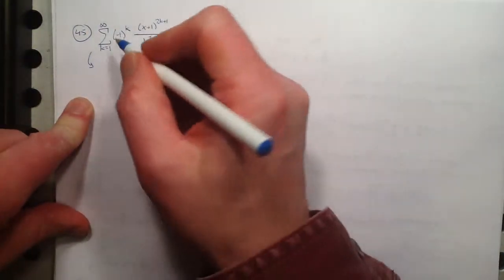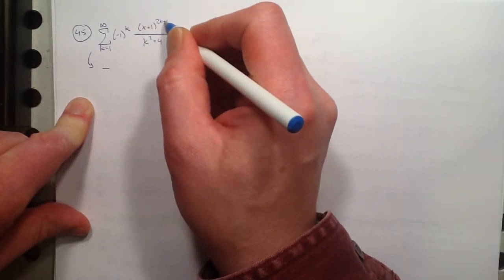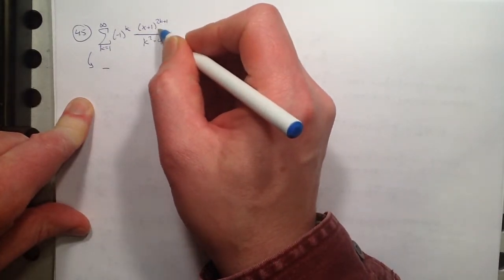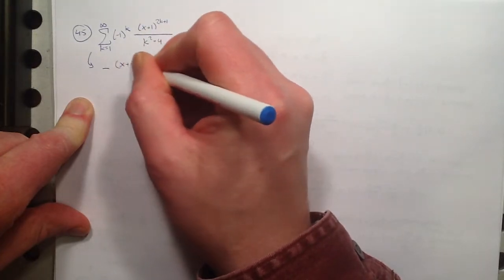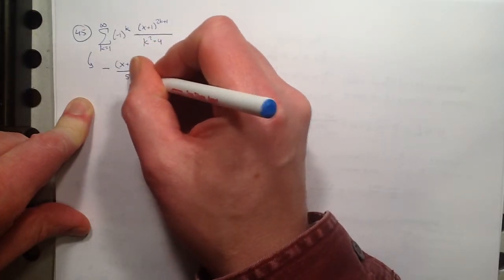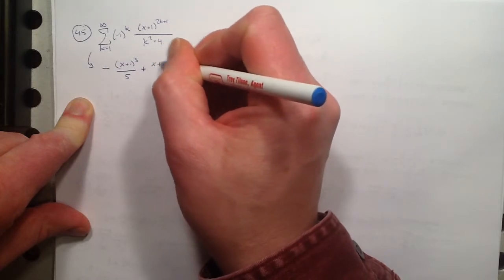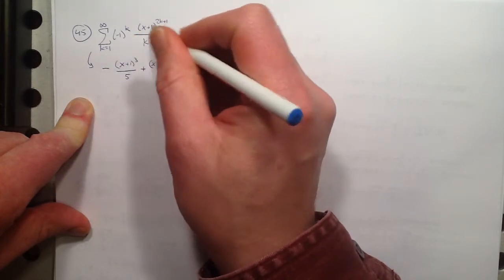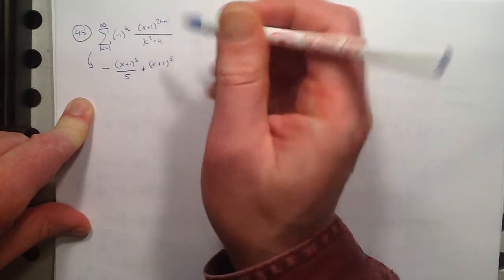Let's write out the first few terms here. First term is going to be negative. When I plug 1 in here, I get x plus 1 cubed over 5, plus x plus 1 to the 5 when I plug 2 in here. This is how you make an odd number, right? 2k plus 1.